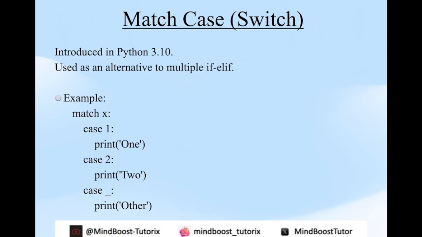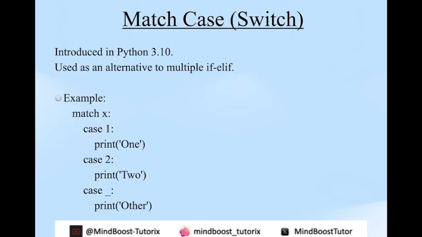Match is like you are giving some value to the match, and it will check all the values or conditions. Based on your value, it will go to the block which matches with the case, right?